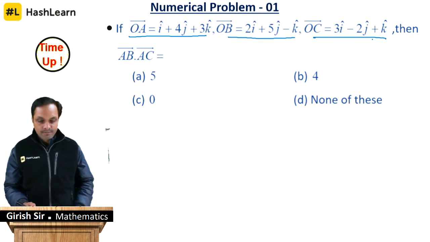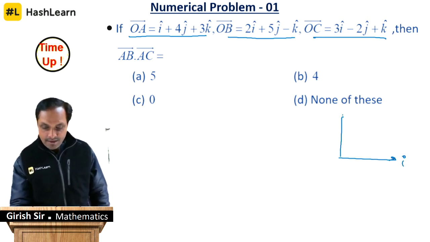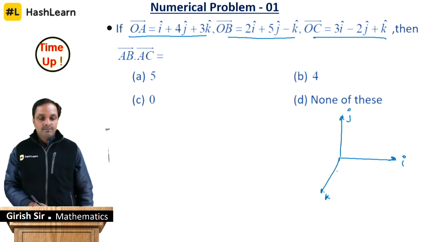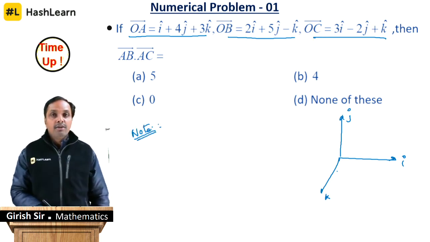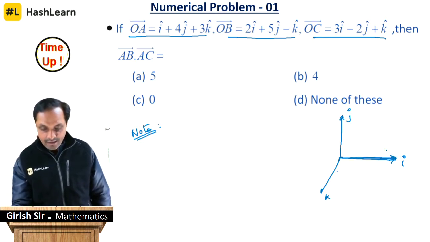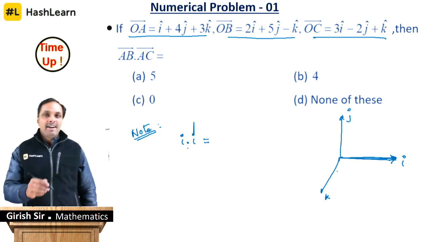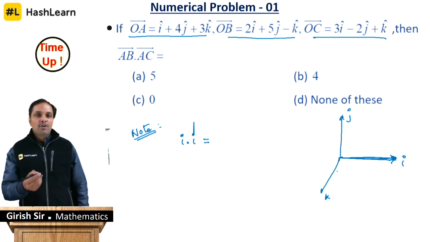You know that this is your I vector, this is your J vector, and this is your K vector. One important note: if there is a vector I, what is the angle between I and I itself? I will make 0 degree with I, therefore cos 0 is 1.